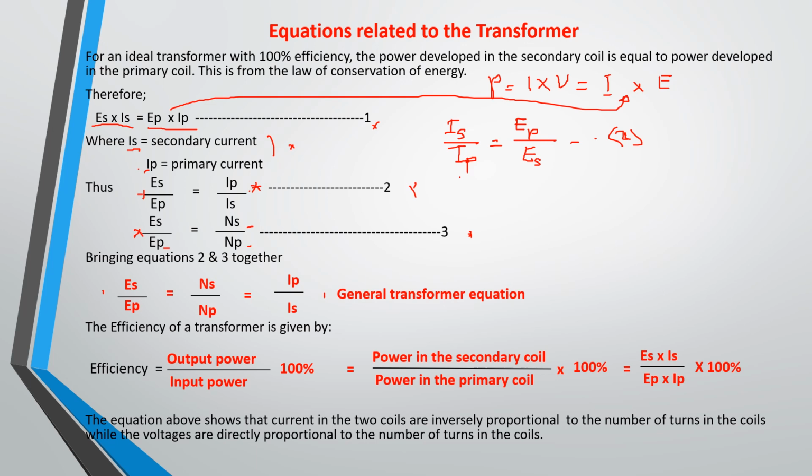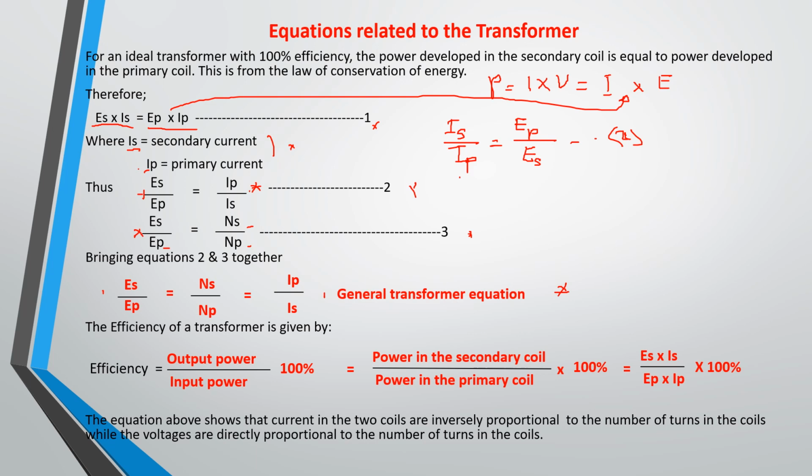This is like a general transformer equation, because almost all the equations you are going to solve that talk on transformers use these. So take note of this equation, because we use it to solve problems.